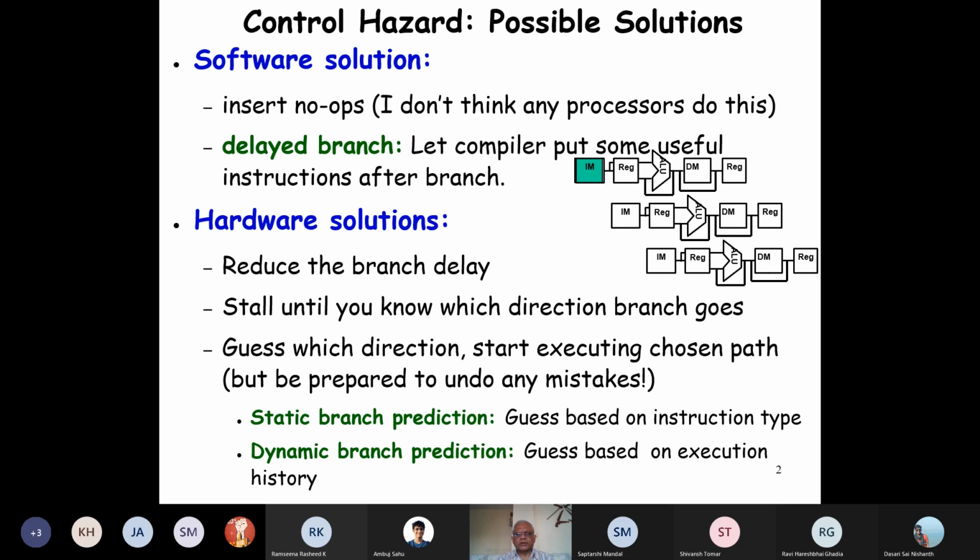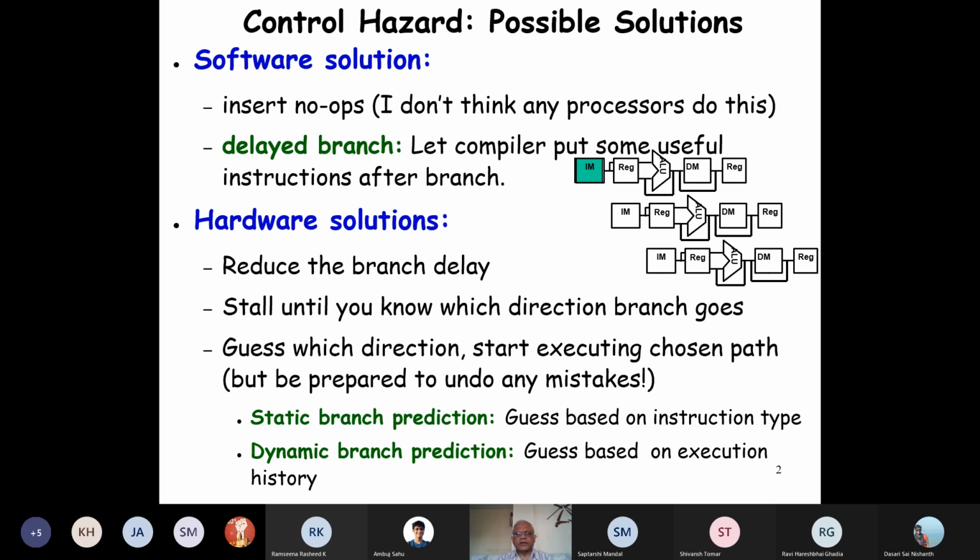In the software solution, one simple approach is that the compiler can, after the control statement, that is a branch or jump statement, insert a no-op. In the instruction set architecture, we mentioned there is one special instruction, no-op, which basically achieves nothing.